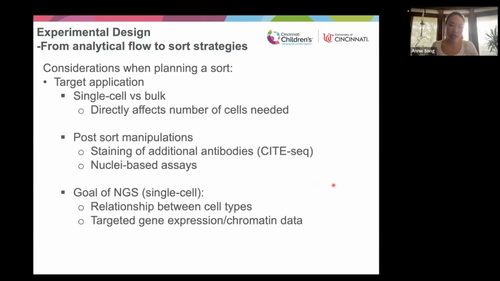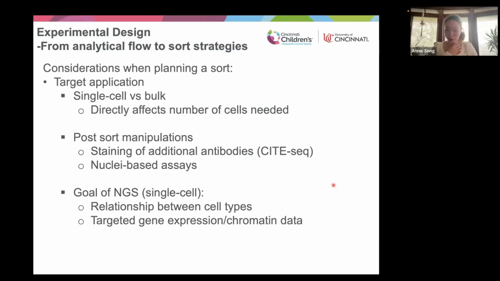So target application, like I mentioned, if you're doing NGS, then it becomes a single cell or a bulk approach. And then we also have to talk about, are there many manipulations we're going to do after the sort? Again, on the topic of next generation sequencing, the goal of the NGS application also dictates what we're going to do.